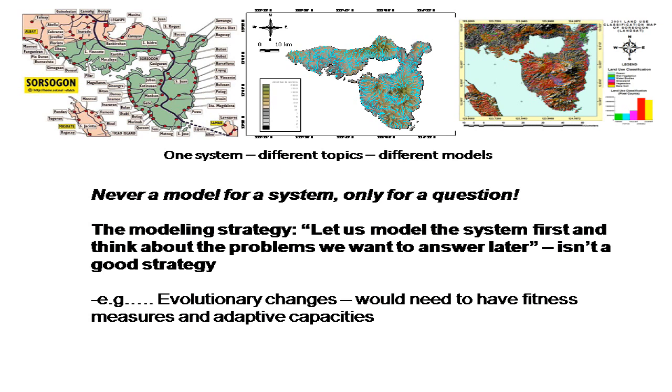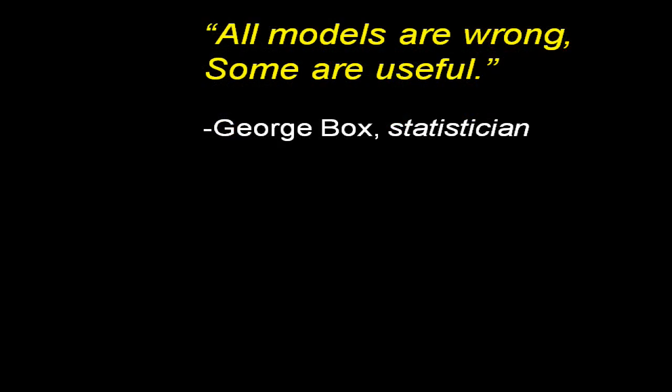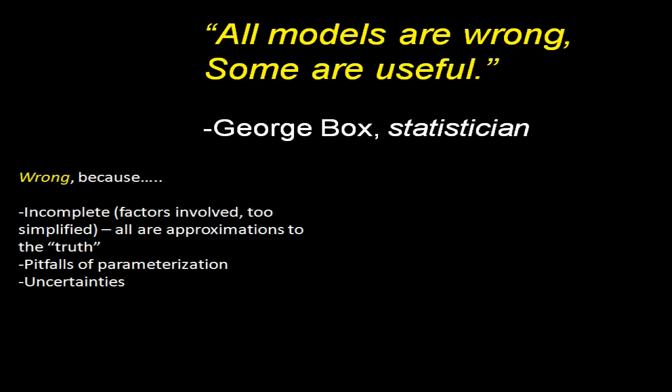So here's a caveat about modeling, or maybe I shouldn't say caveat, but just a reminder about modeling. All models are wrong, some are useful, according to George Box, who is a statistician. Why is it wrong? Because all models will always be incomplete.